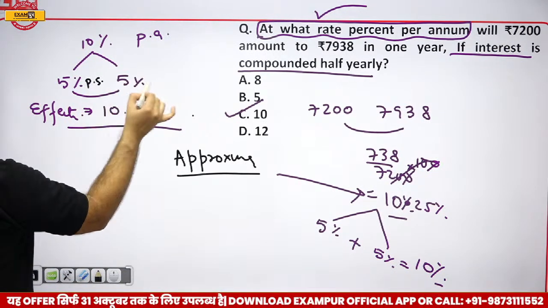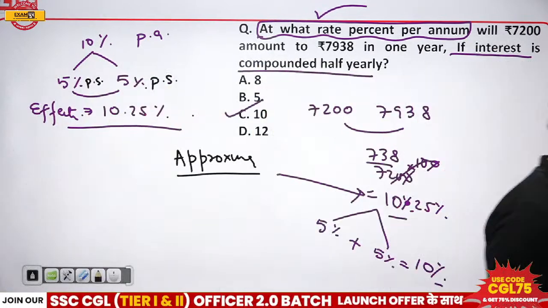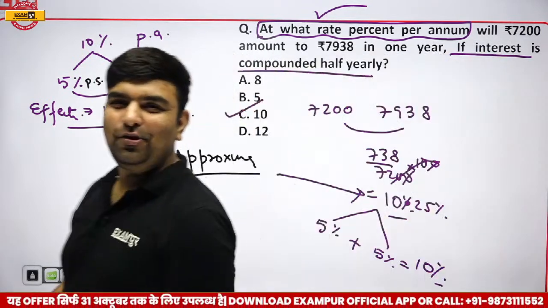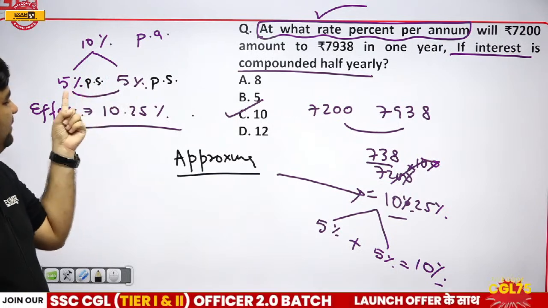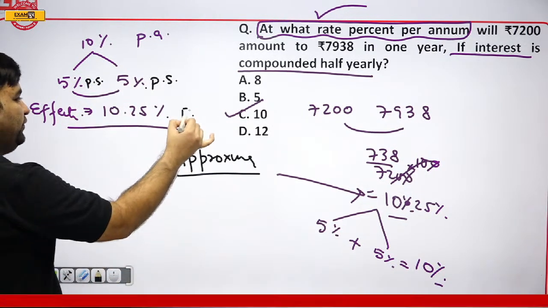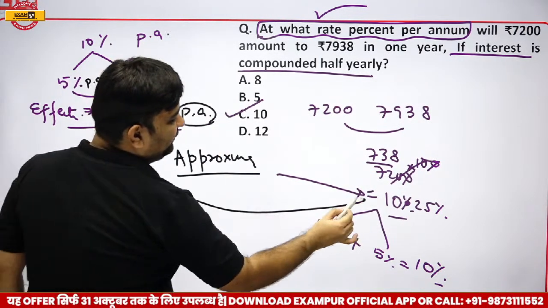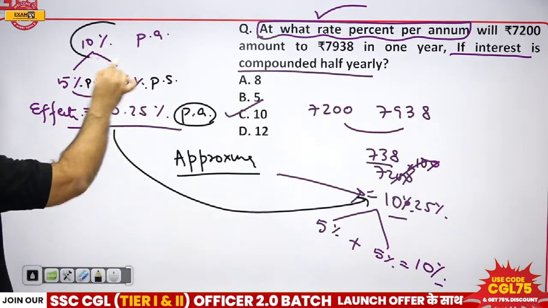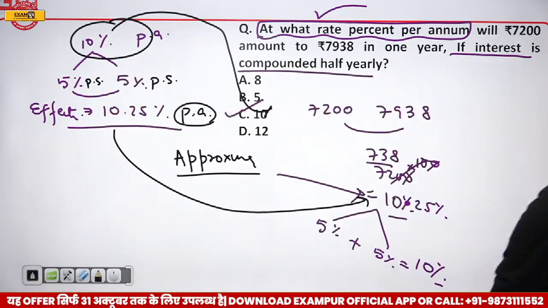Look at it. 10% per annum rate. I break it into two half yearlies. 5% per half yearly, 5% per half yearly. Effectively, it is getting 10.25% per annum. So because of compounding, we are getting 10.25% per annum. But this is because of compounding. Actually, it is 10% per annum.